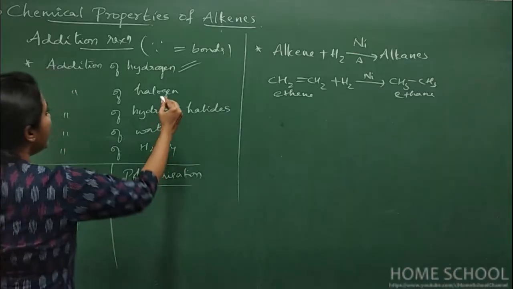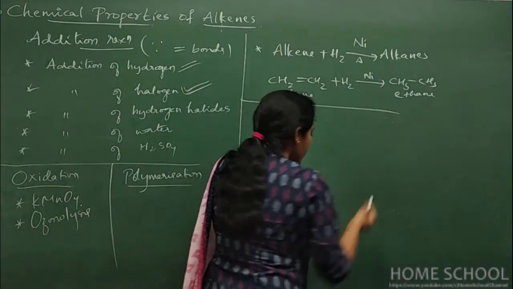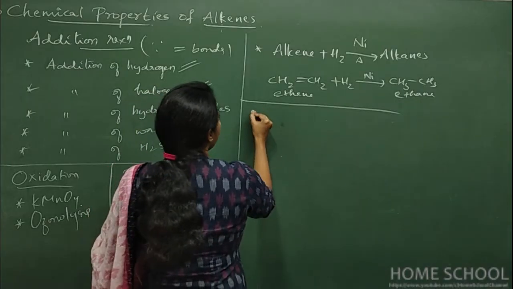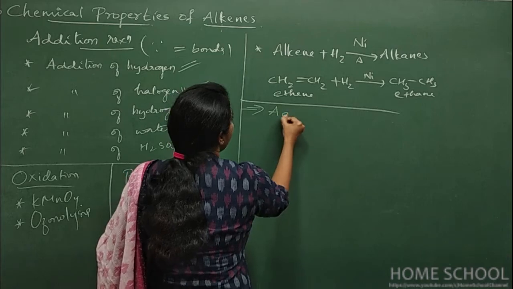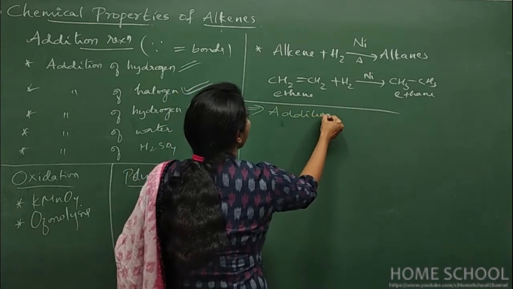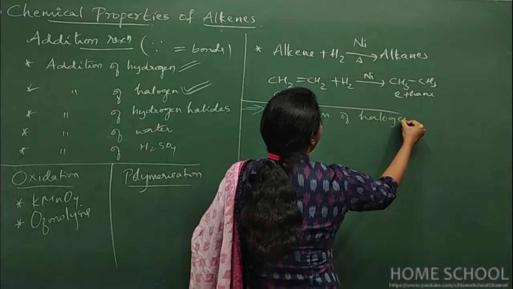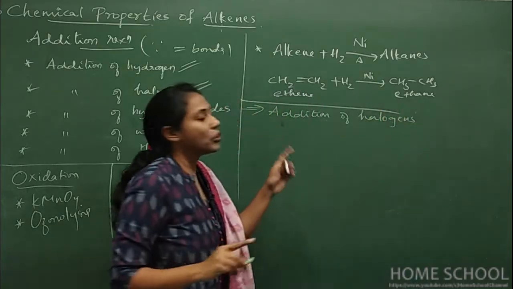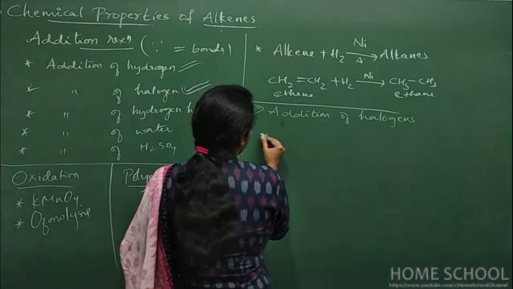Okay, and now let's go for addition of halogens. So from here, it's very, very important. So I am discussing the second reaction, that is addition of halogens. So you can add halogens to carbons having a double bond. So let's look at the reaction.